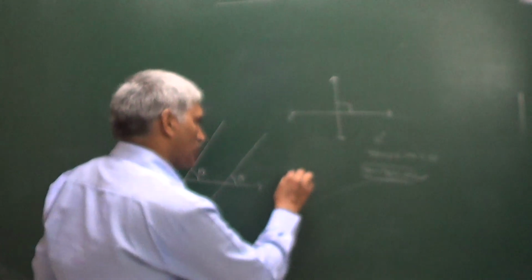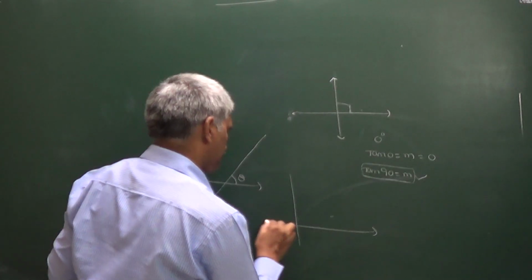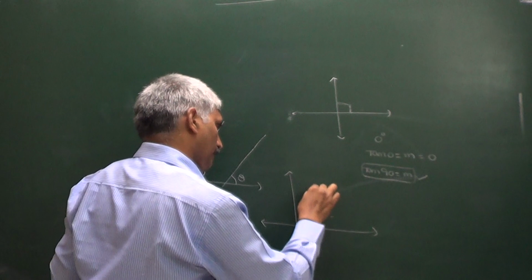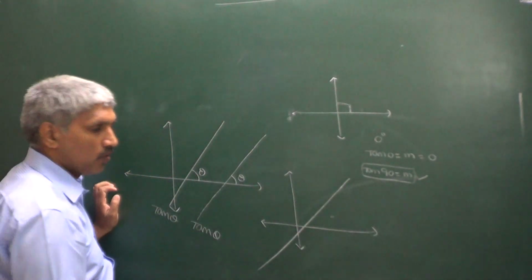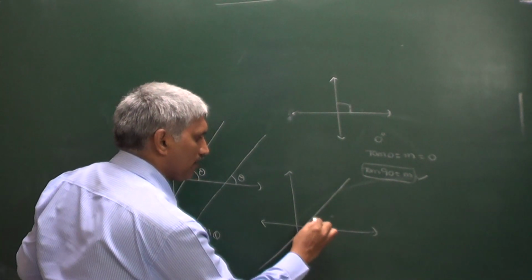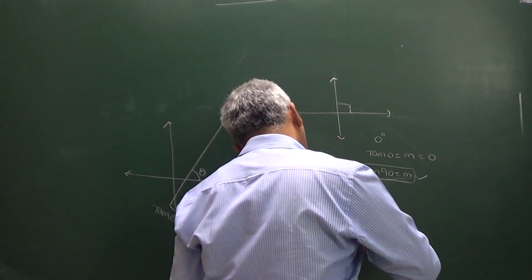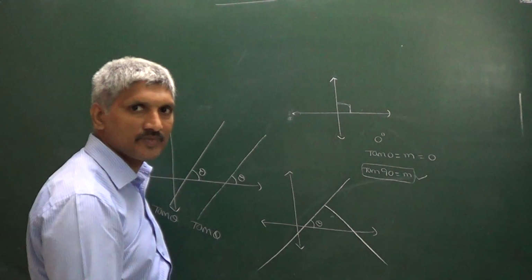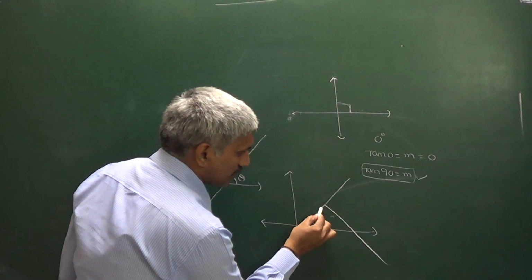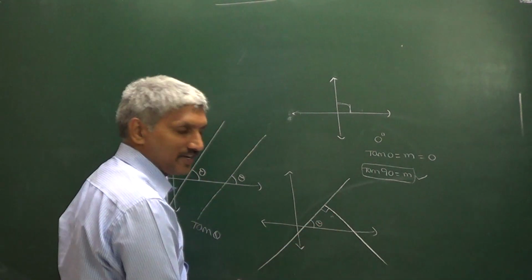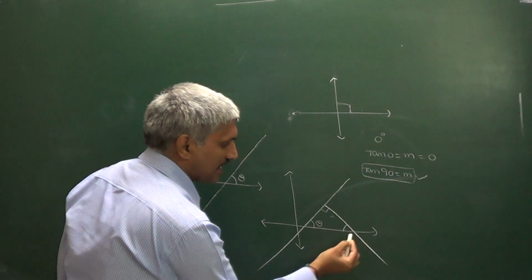At the same time, you can observe here, this is one line whose inclination is theta. Now this is another line perpendicular to that line. Now this angle is equal to 90. Can you tell me what about this angle?